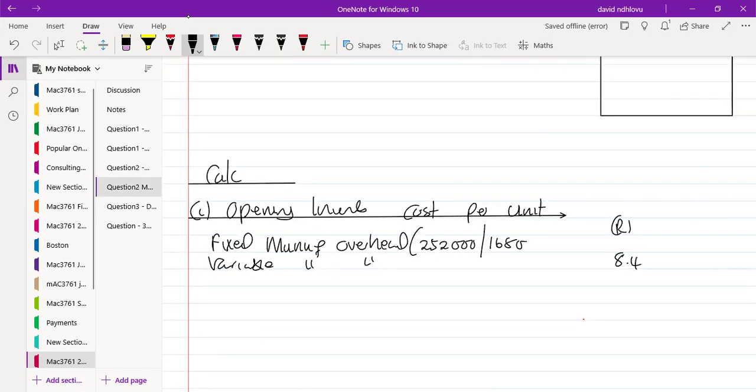Divide the total cost by the number of units produced. So 252,000 divided by 168, that is going to give me how much? That gives me 1.5, which means ultimately I have 9.9 here. So this is my cost per unit of opening inventory based on the absorption costing method.